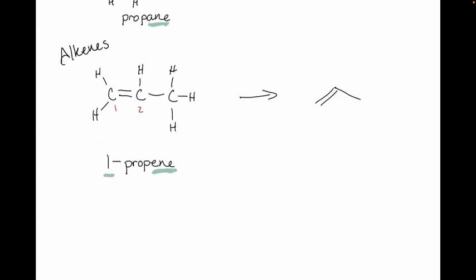So if I had something like this, find my parent chain, my longest continuous set of carbons: 1, 2, 3, 4, 5. And since there's a double bond, it's pentene.